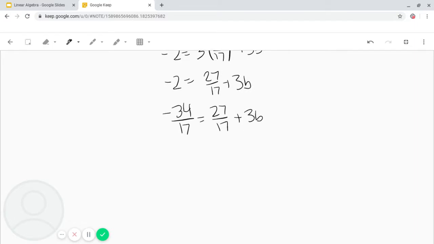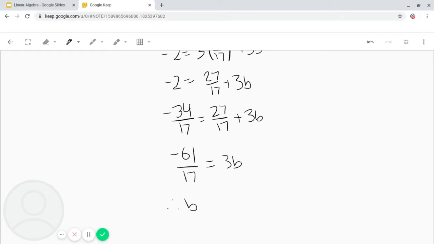So negative 34 minus 27 would be negative 61, if I did that correctly, over 17 equals 3b.